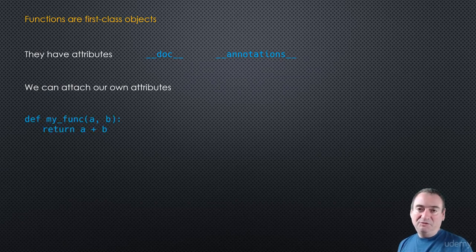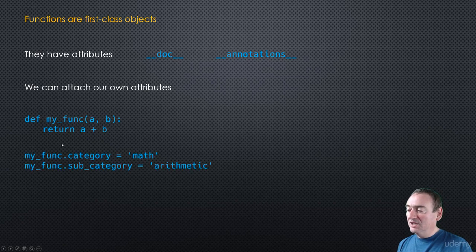For example, if we define this function myfunc this way, we can now say myfunc.category equals math. We've just created an attribute, in this case a property called category, with a string value. We can do the same thing here with subcategory, and we can do many other things. We can attach other functions, other objects, anything else we want.